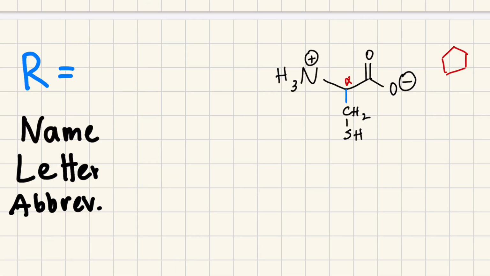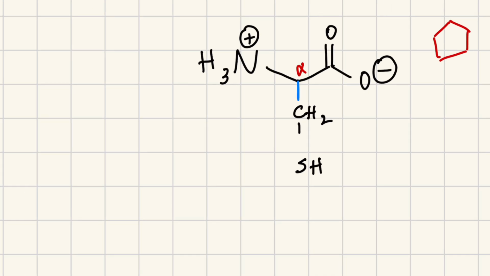So how can we build on that to make a new amino acid that is also sulfur-containing? Well, I'm going to add 2 carbons: 1 carbon before the SH and 1 carbon after. So I'll make this a CH2, SH, CH2.